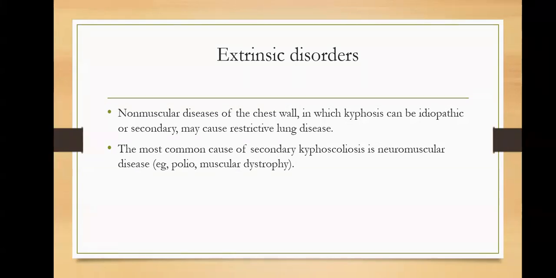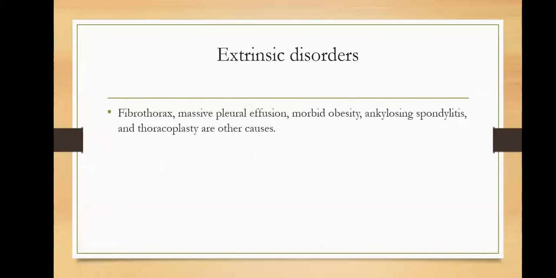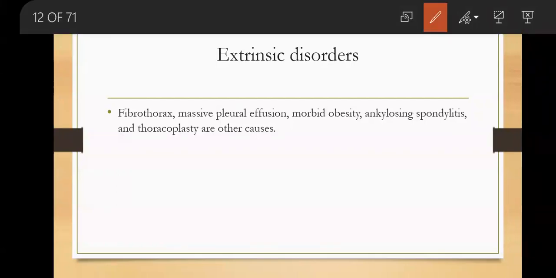So any problem that affects the extrapulmonary structures is a cause of extrinsic disease, including neuromuscular and neurological disorders.